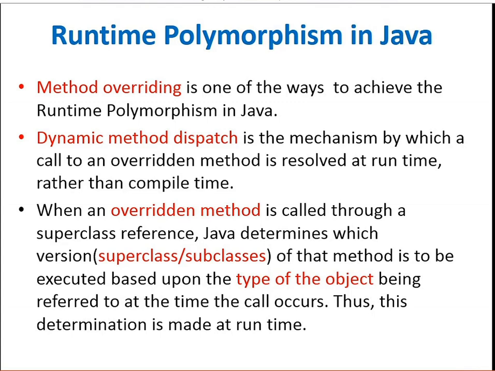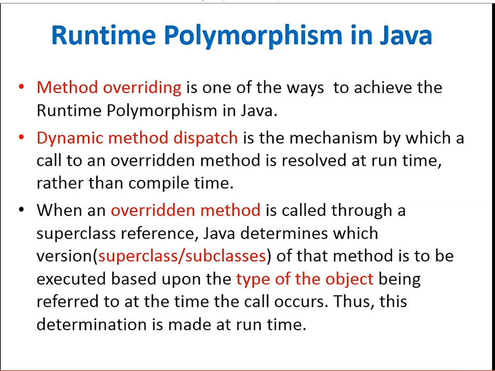And dynamic method dispatch is the mechanism by which a call to an overridden method is resolved at runtime rather than compile time. As we know, there are two types of polymorphism, compile time polymorphism and runtime polymorphism.